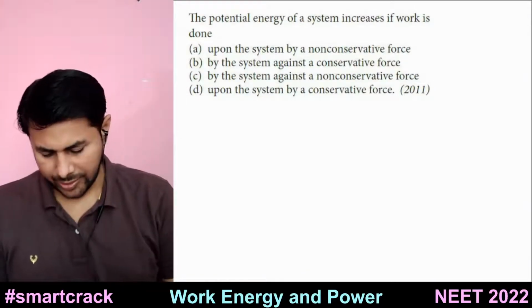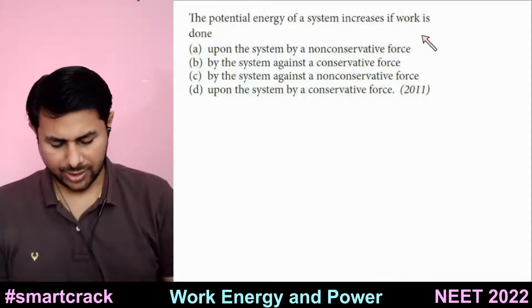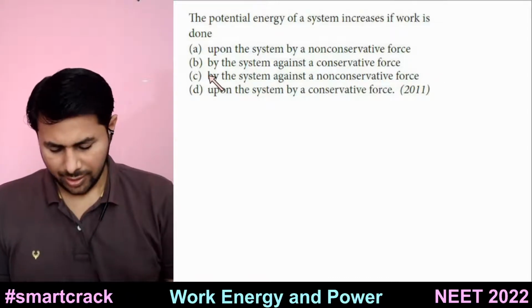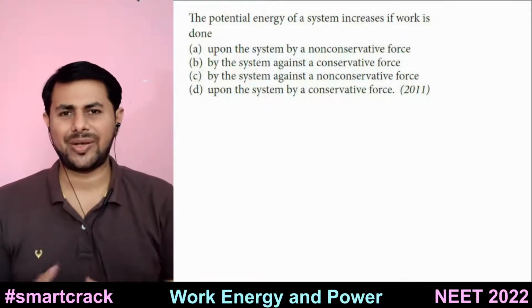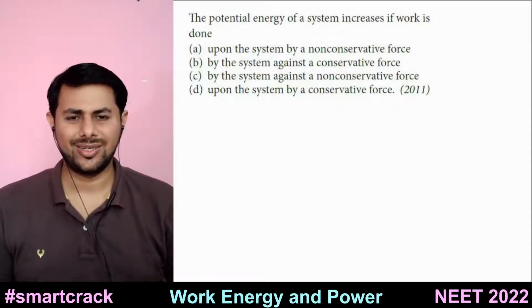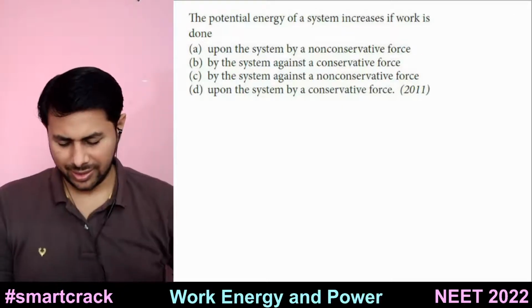The next problem: the potential energy of a system increases if work is done upon the system by a non-conservative force. If work is done upon the system by a non-conservative force like friction, what will happen? The energy will decrease, not increase, so this cannot be correct.